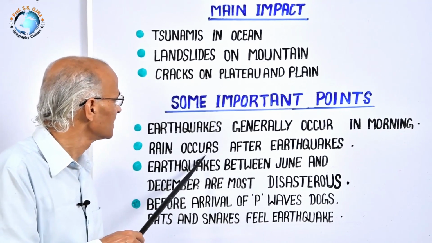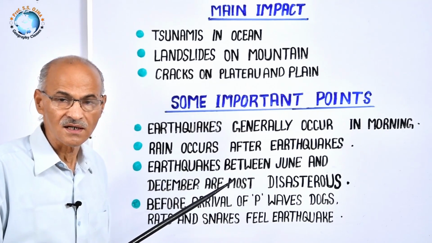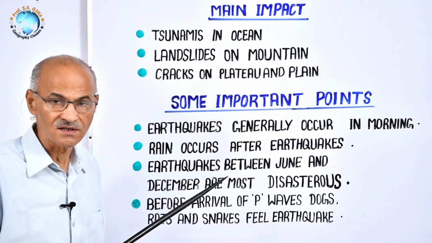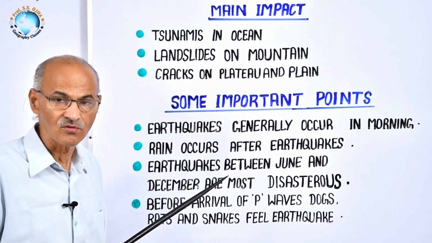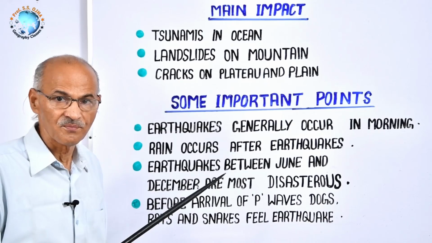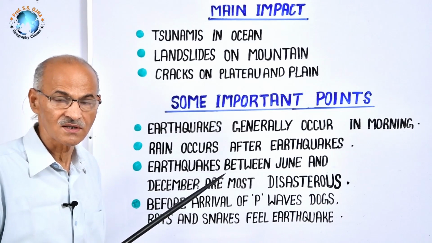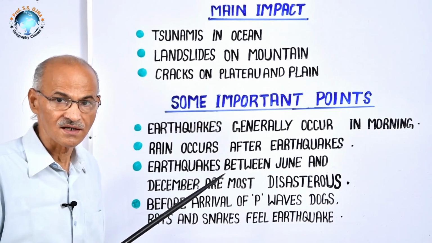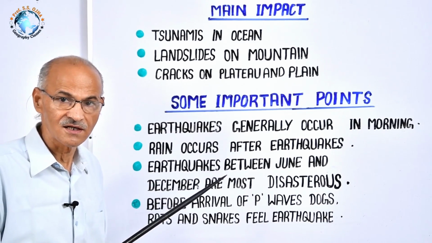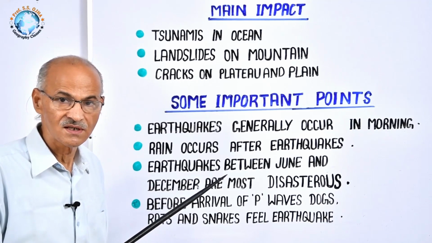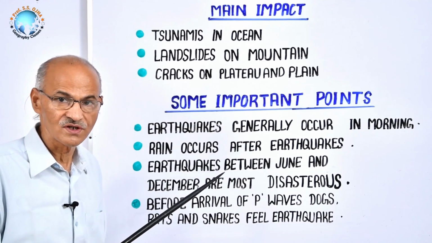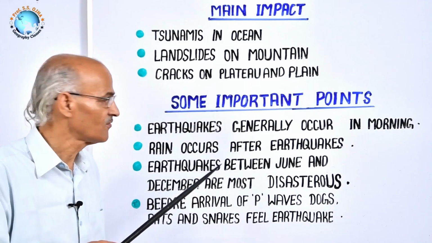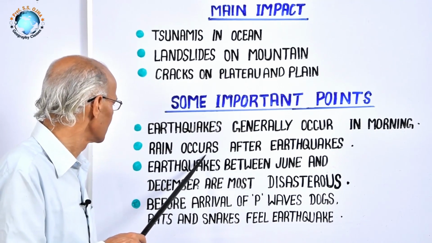Why this rain occur? It has not yet been discussed. Some say that radon gas come out before P waves, but how radon gas causes condensation in atmosphere? It means seismology and climatology needs to be studied together for its clarification.